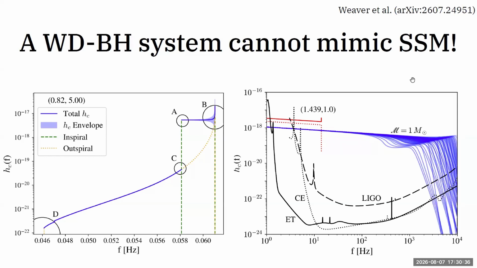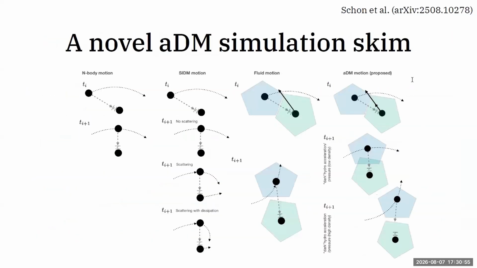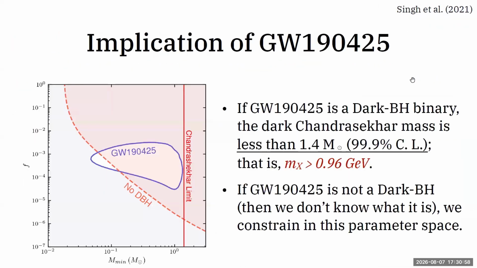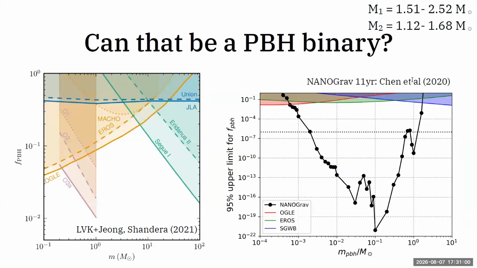So let's say you see the signal coming from the subsolar mass range, then whether it is from this dark matter model or from primordial black holes, how can you distinguish? I think the primordial black hole channel is gone by now because of this plot. Primordial black holes coming out of standard inflationary perturbations must generate gravitational waves in the PTA band, pulsar timing array.